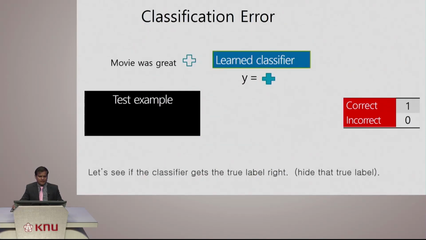Let's see, here is a test example. We have the sentence, say, movie was great, which is positive, we know that, and the learned classifier put it as positive. So here is the output, which also you get positive, which means that is your correct answer.